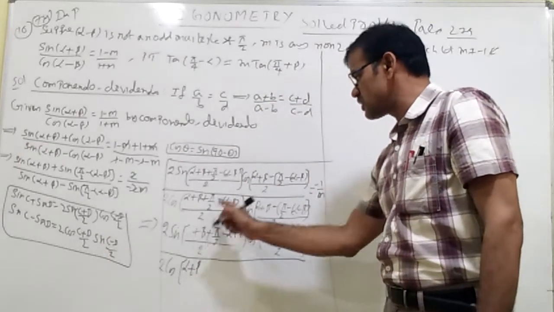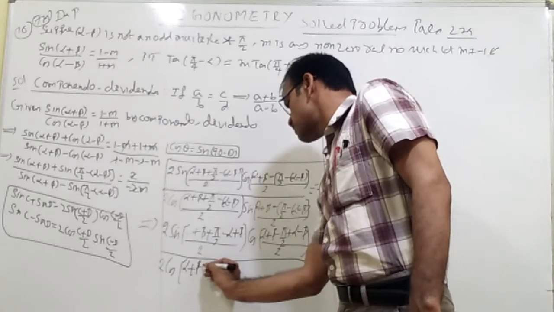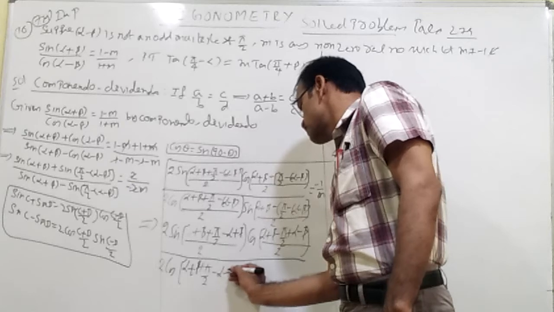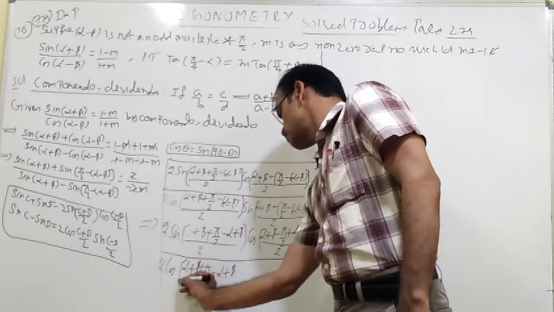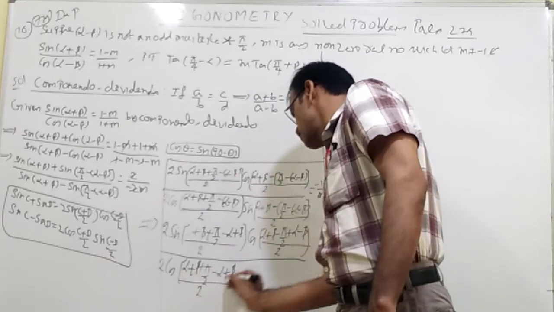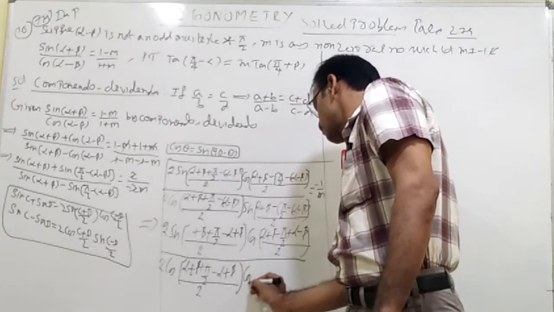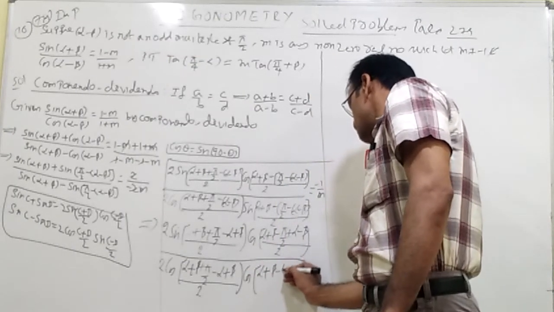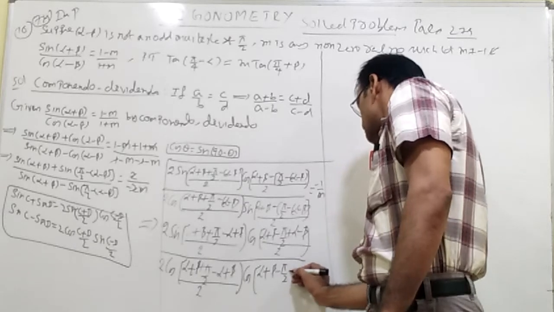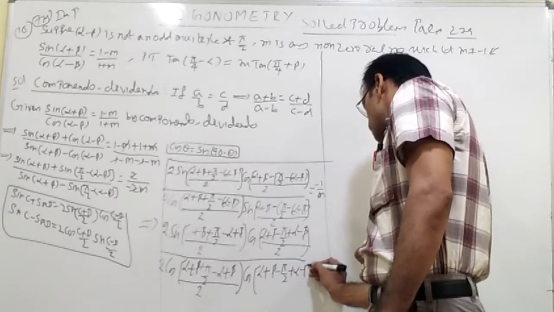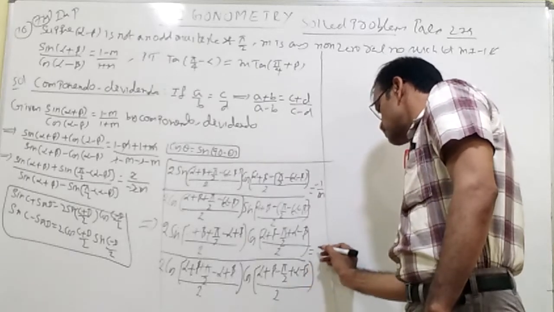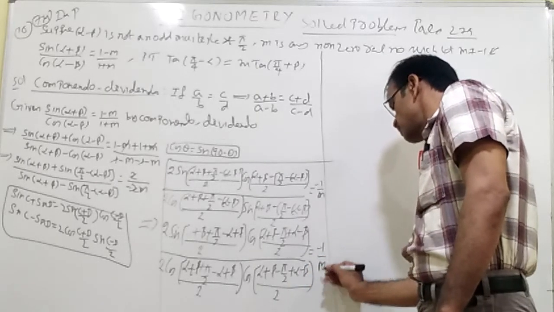Simply, straight away you write alpha plus beta plus pi by 2 minus alpha plus beta, whole by 2, into cos of, as it is, alpha plus beta minus pi by 2 plus alpha minus beta, whole by 2, is equal to minus 1 by m.